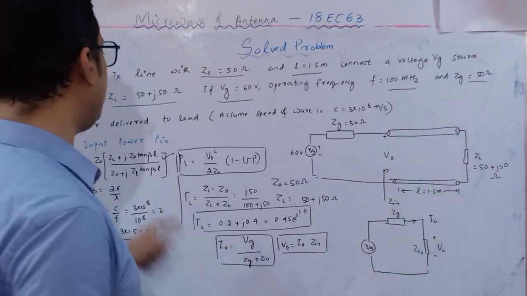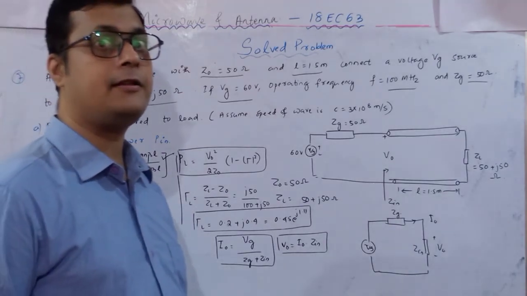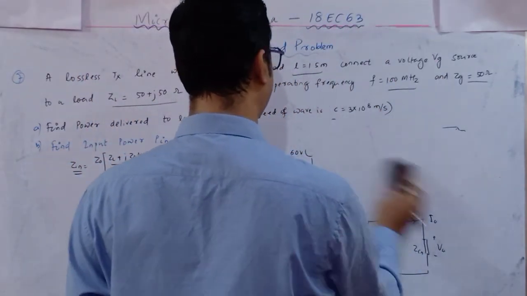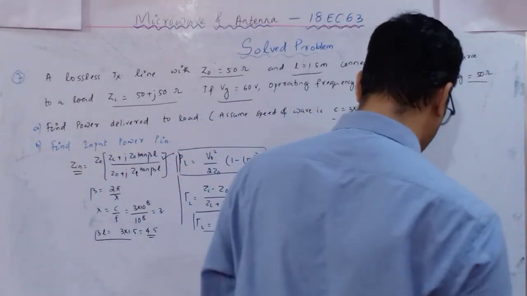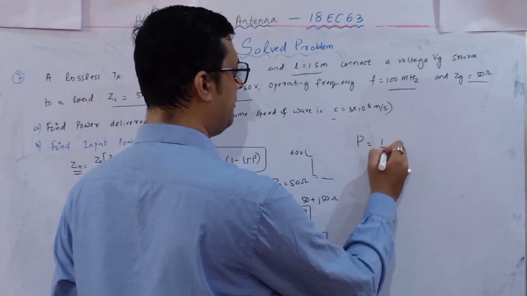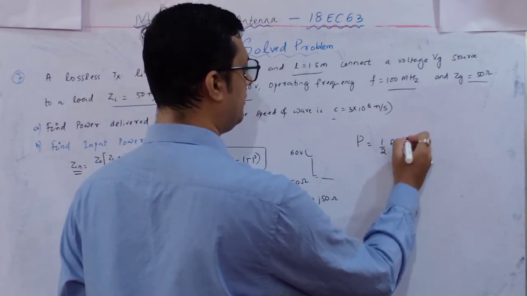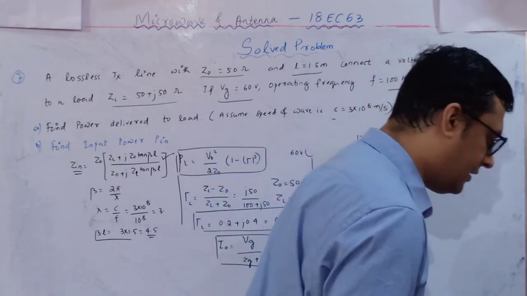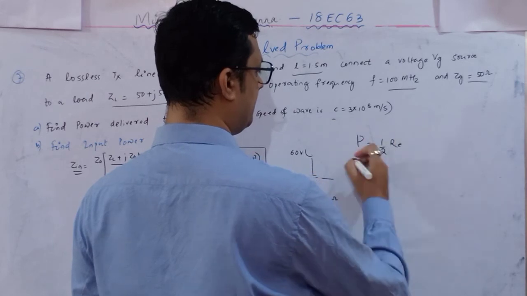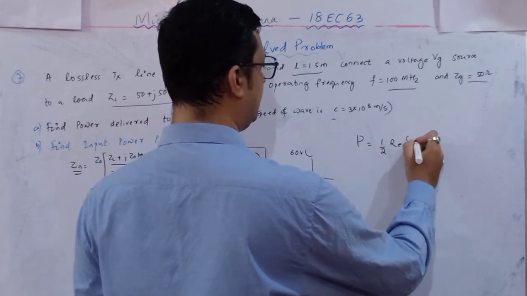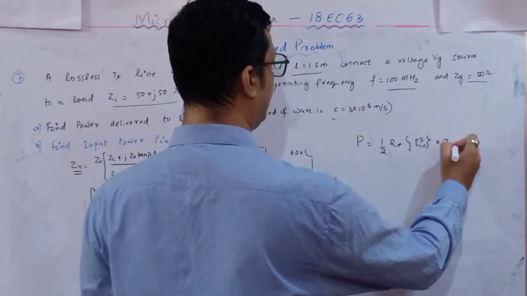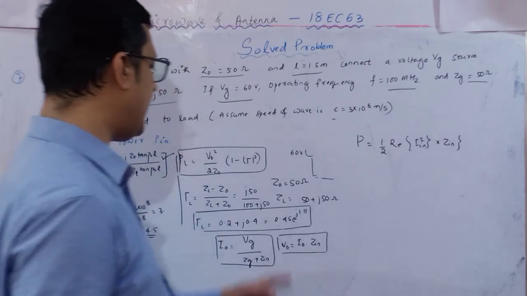Similarly, how can we identify the power at the input side? For that, the simple calculation is, we have a power relation: half real of, or directly we can write, average power is I in square into Zin.